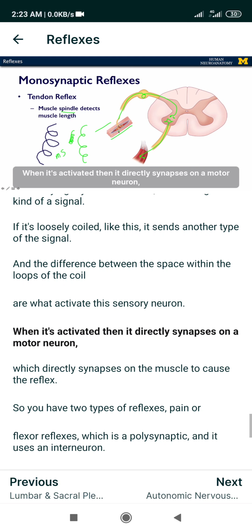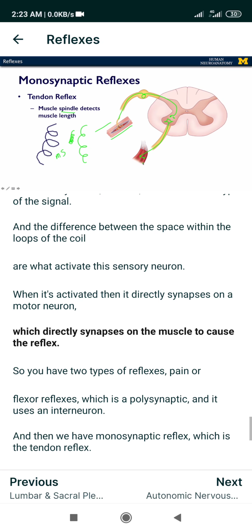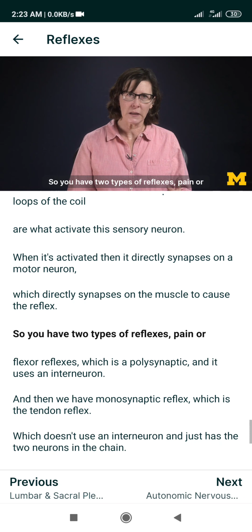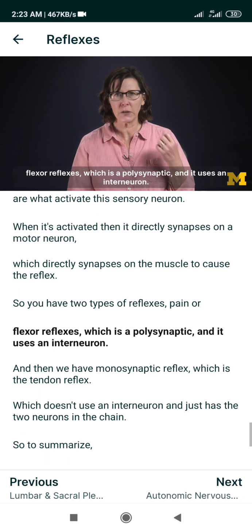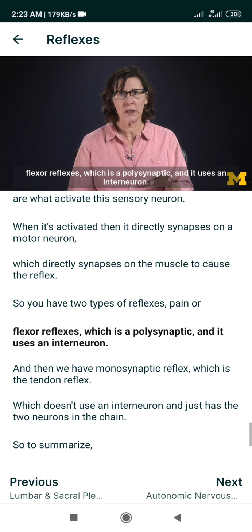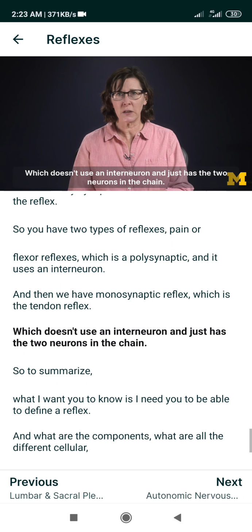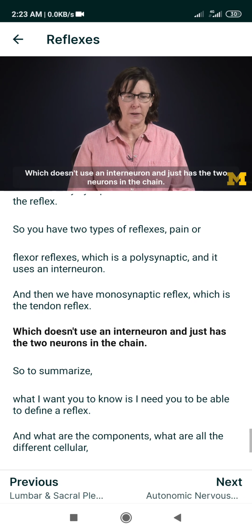When it's activated, then it directly synapses on a motor neuron, which directly synapses on the muscle to cause the reflex. So you have two types of reflexes: pain or flexor reflexes, which are polysynaptic and use an interneuron. And then we have the monosynaptic reflex, which is the tendon reflex, which doesn't use an interneuron and just has the two neurons in the chain.